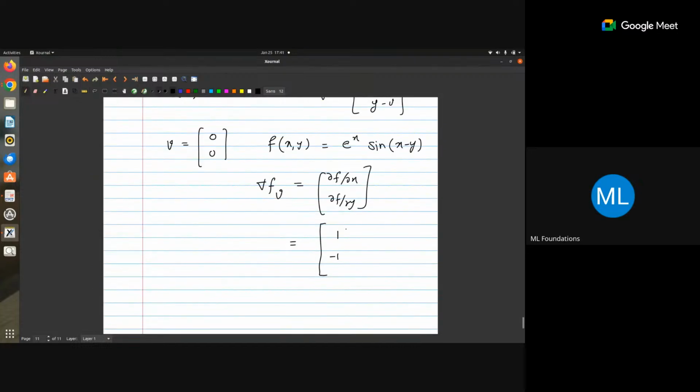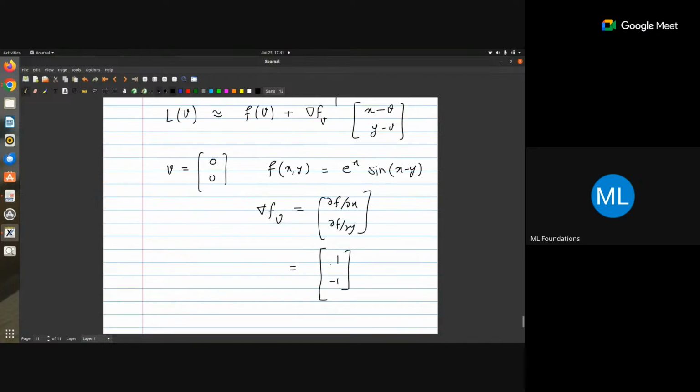It's 1, minus 1. I hope this is clear till this part. So the linear approximation at this point v is equal to f of v. What is the value of f of v? v is 0, 0, so f of v is 0, since sine of 0 is 0.